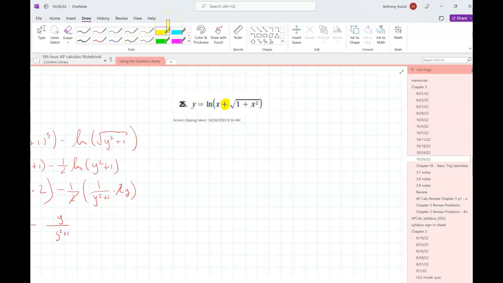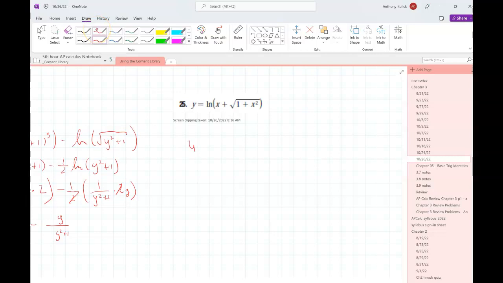Because they're being added and not multiplied. If it was x times the square root of 1 plus x squared, product rule or product property of logs, absolutely. But the sum of logs doesn't help you any. Everybody, is that okay? So there's not any obvious algebraic shortcut that I could do here.